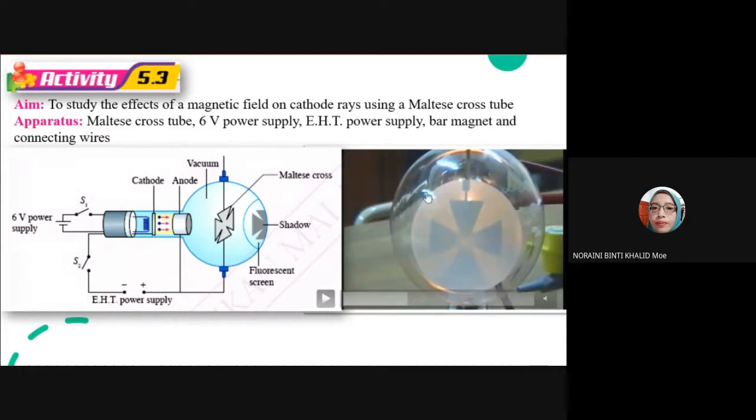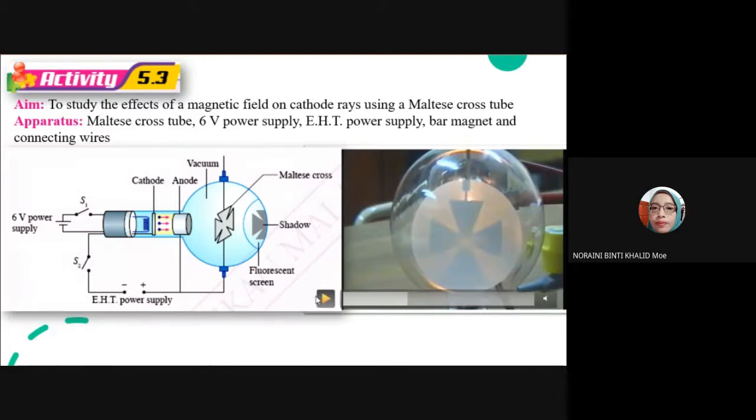So initially, when the filament glows, you can see the image of the Maltese cross form at the center of the screen with yellowish light. This shadow is actually cast by light from the filament. As light travels in a straight line, you can see the shadow form exactly at the center of the screen.